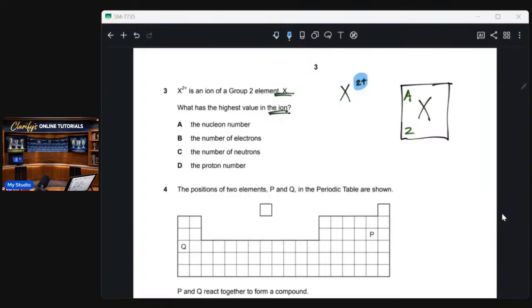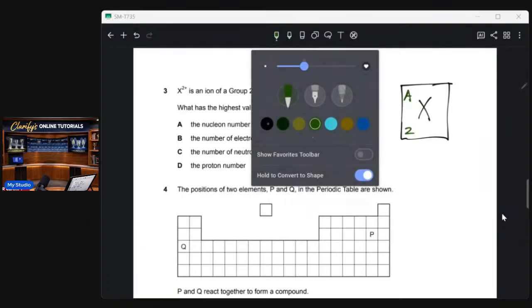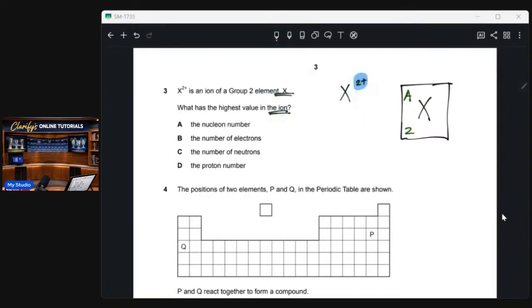So here, by the way, the mass number, which is given at the bottom, is going to be protons plus neutrons. And protons never change. They have a constant number.